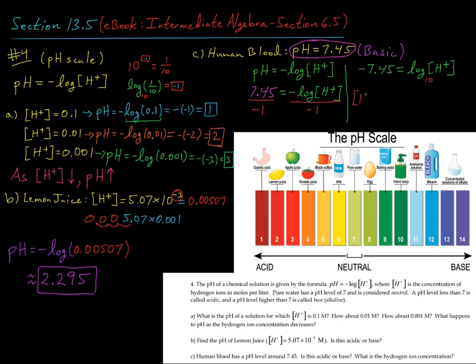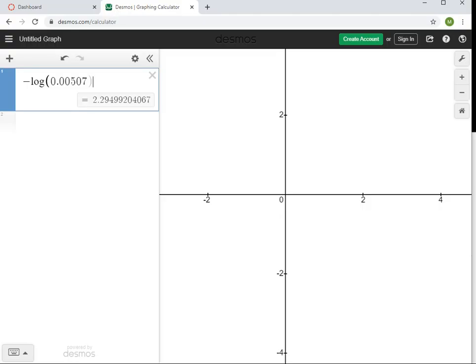So here's what I can say. H plus is going to be 10 raised to the minus 7.45. Now let's go to the calculator. So we'll do 10 raised to the minus 7.45, and we get this number.